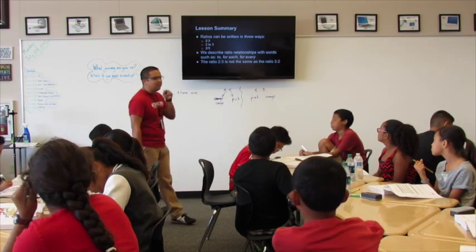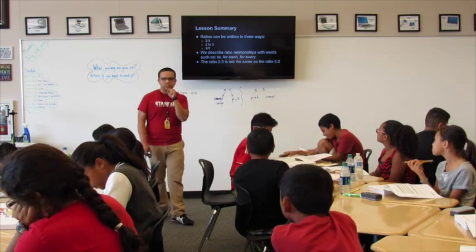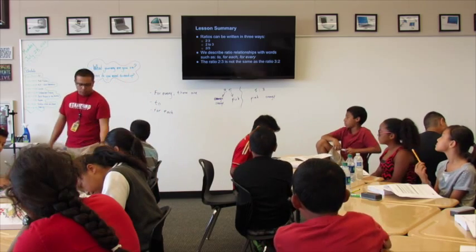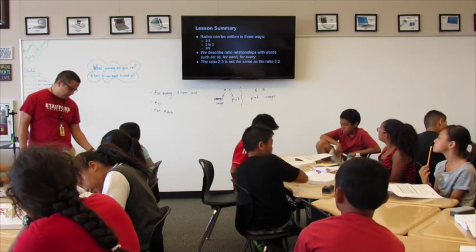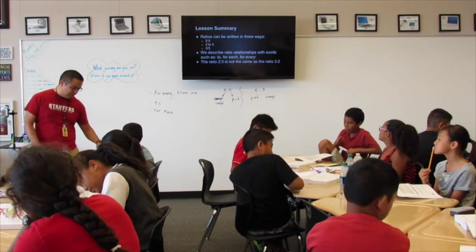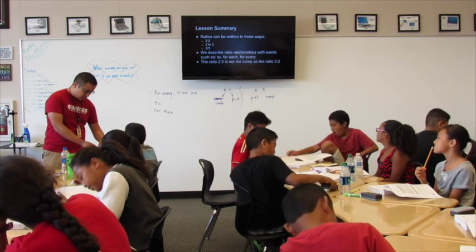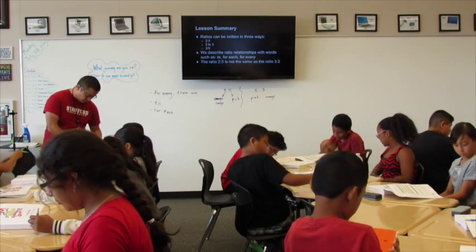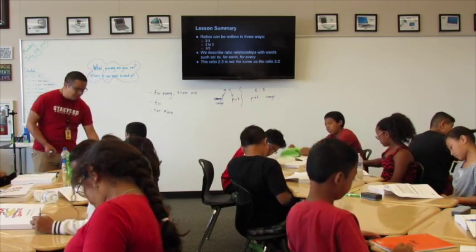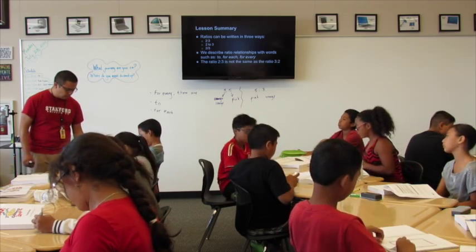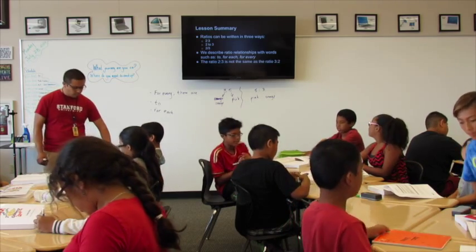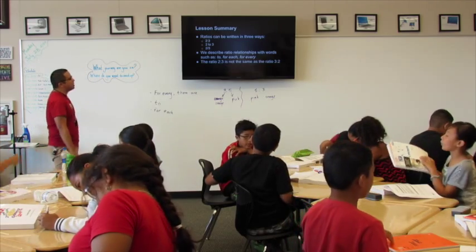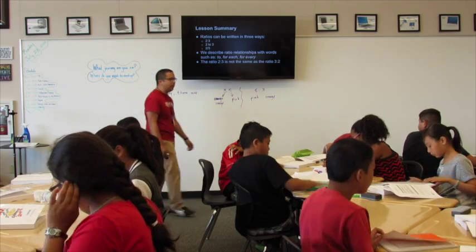All right, here's a lesson summary. Now, if I were you guys, I would either take a picture of this or even write it in your math notebooks. That would actually be a good idea. I want you guys to write this in your math notebooks. On your math notebooks, I want you to write lesson 2 summary, ratios.